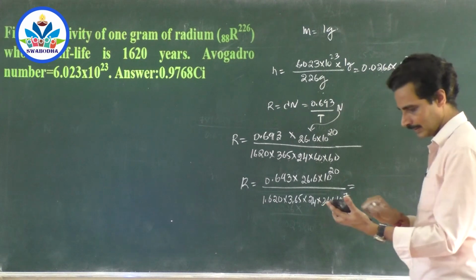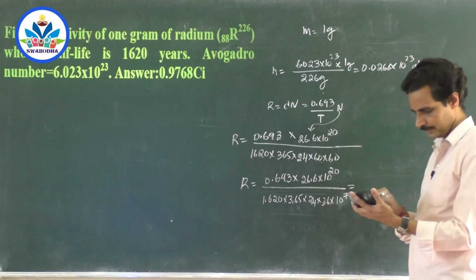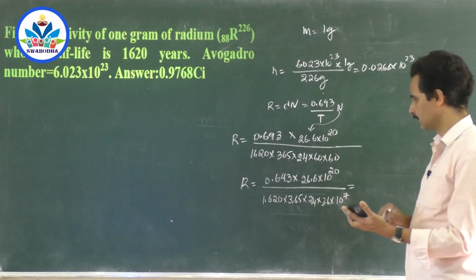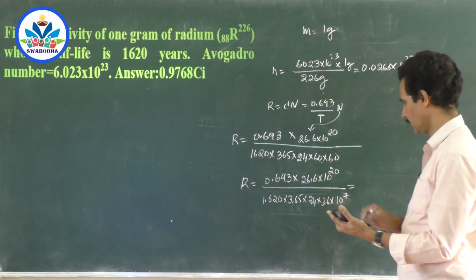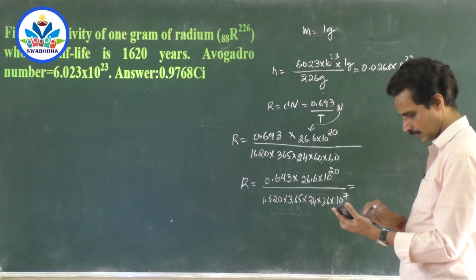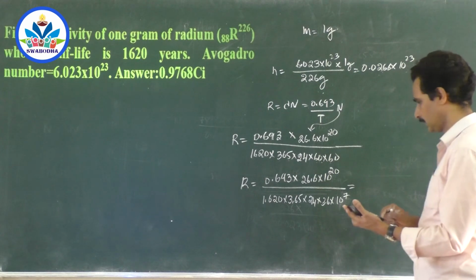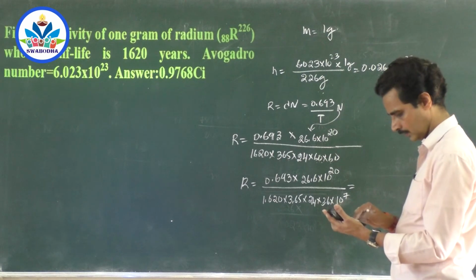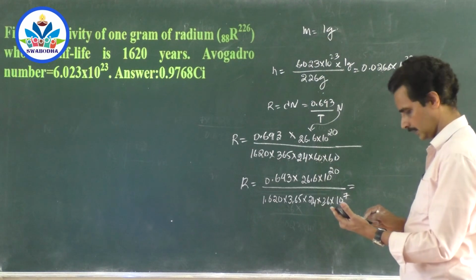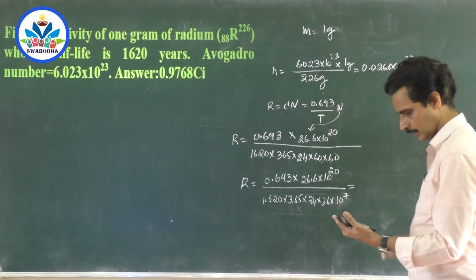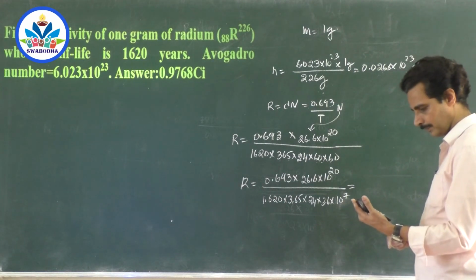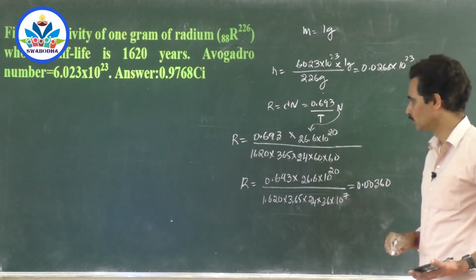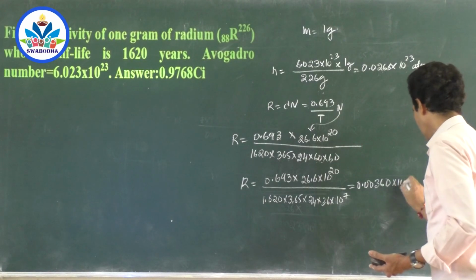I think now my calculator can fit it. 0.693 into 26.6 is equal to, divided by 1.620 divided by 3.65, 24, 36. That gives 0.00360 into 10 to the power how much?